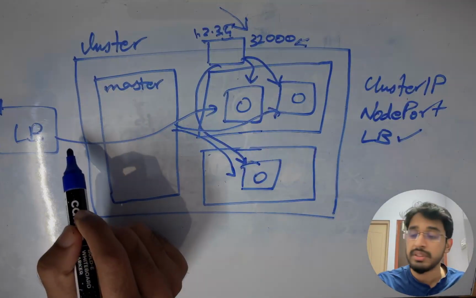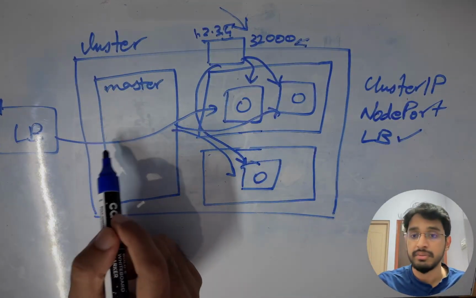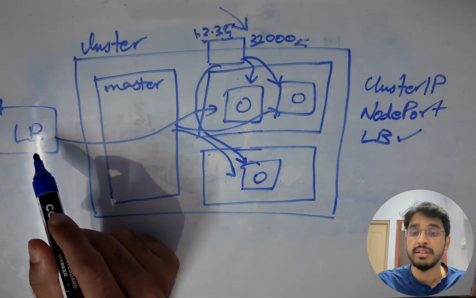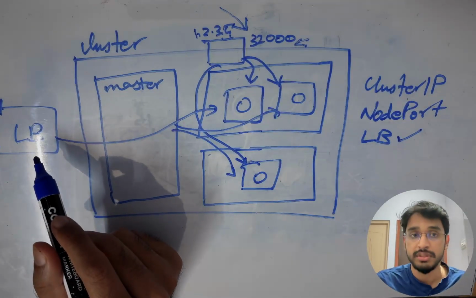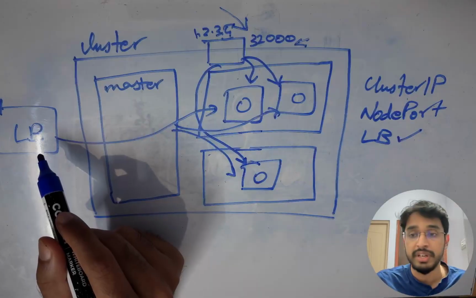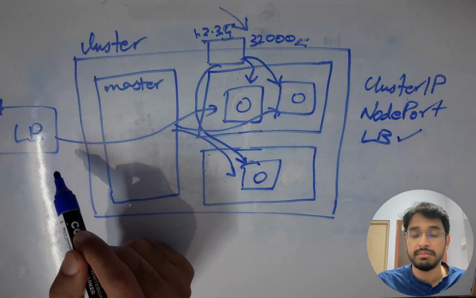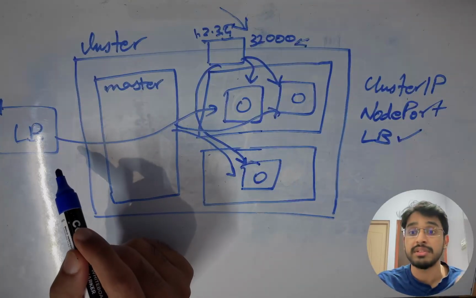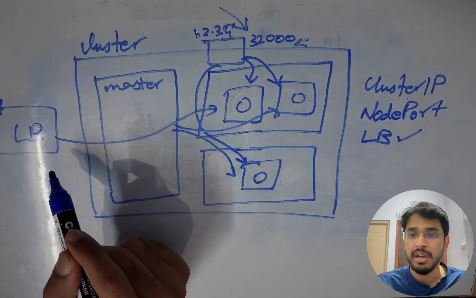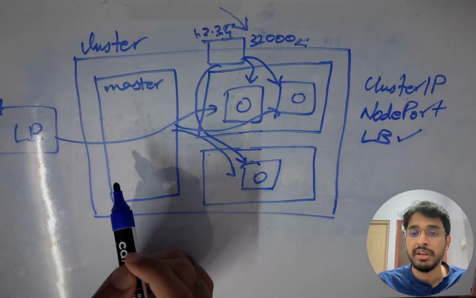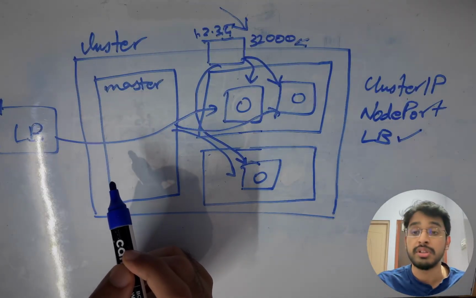The load balancer is something which is not included in the cluster, but we need to set it up outside it, and whichever cloud provider we are using, we need to use that provider's load balancer. For example, AWS has ELB, Elastic Load Balancer. Google might have something else, Azure might have something else. Wherever I want to deploy my application, all I need to do is set up a cluster over there. It will use its own resources or services.